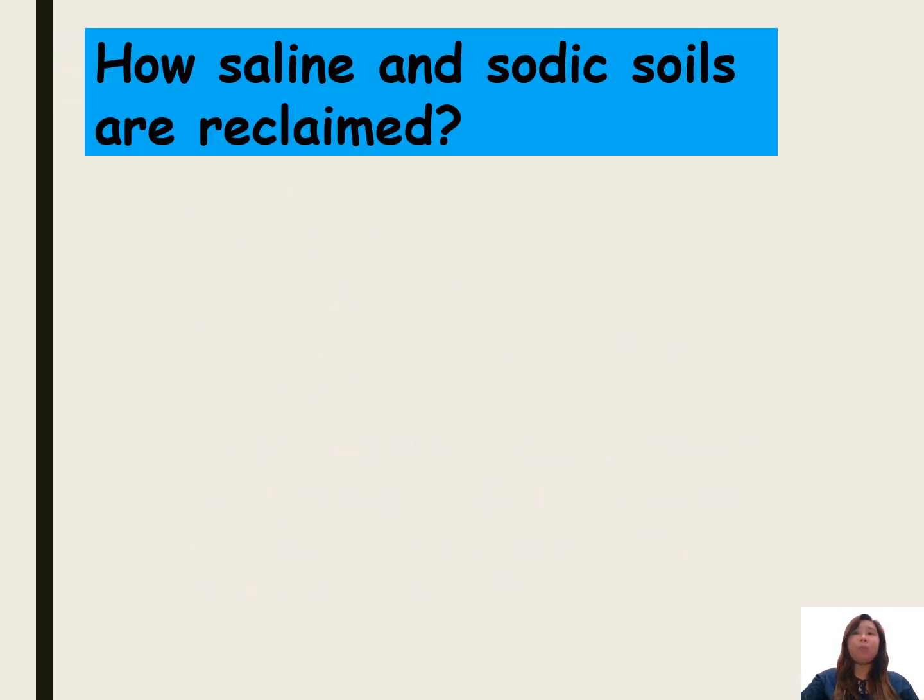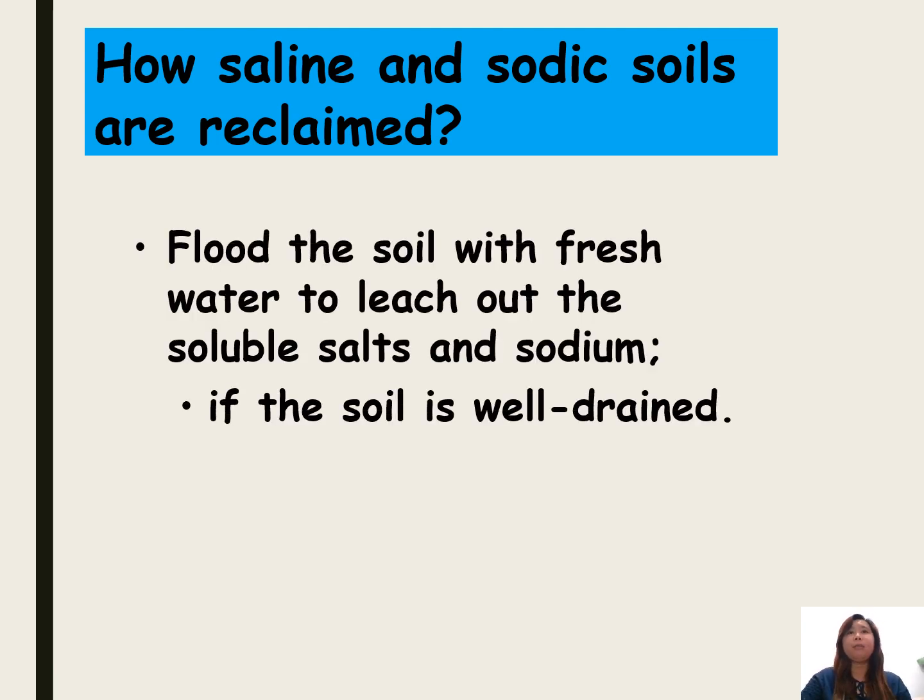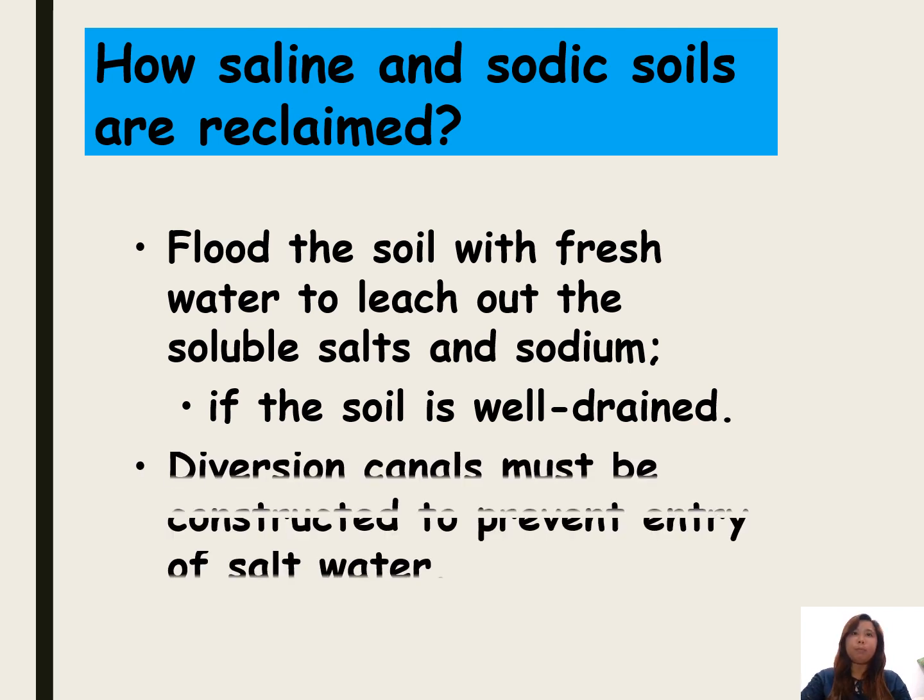Now, how can we reclaim saline and sodic soils? Number one, the common method, is by flooding the soil. You can flood the soil with fresh water to leach out the soluble salts and sodium, if the soil is well drained. You could also build diversion canals to prevent entry of salt water.